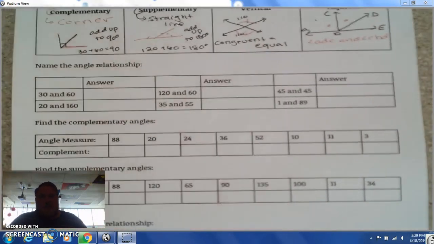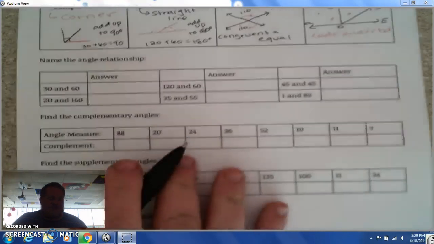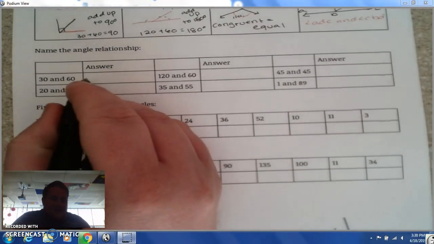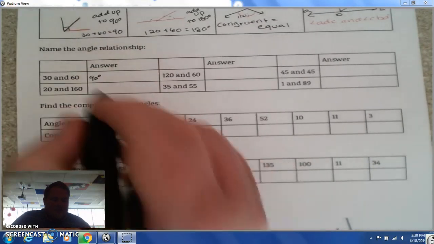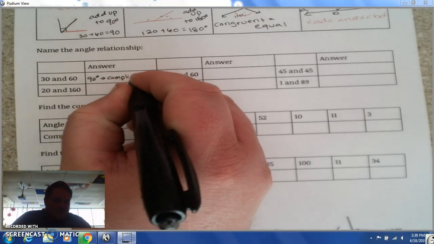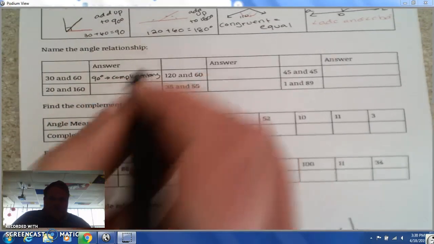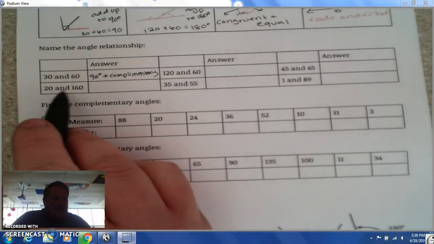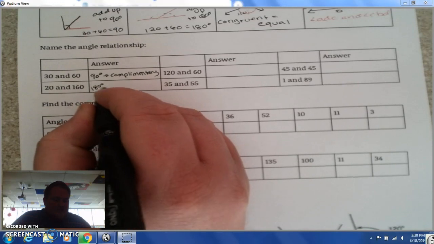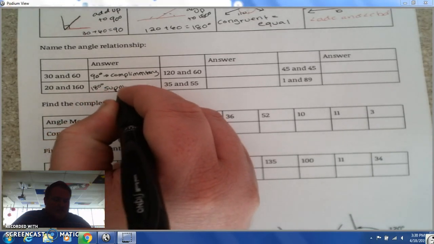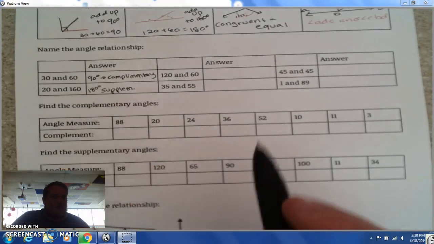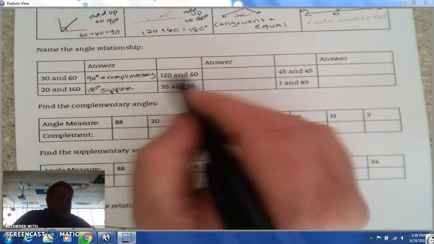So let's go ahead and look at some angle relationships here. 30 and 60 added together equal 90 degrees. So those are complementary, okay? 20 and 160 added together is 180 degrees, so that is a supplementary angle. I'm just going to write it like that, kids, okay? 120 and 60, that's the same angle.